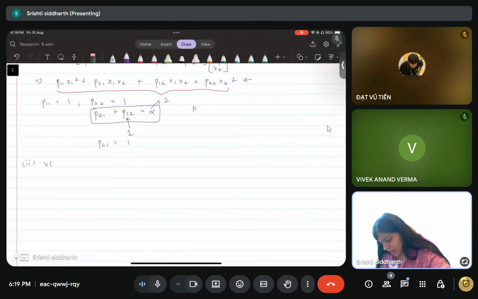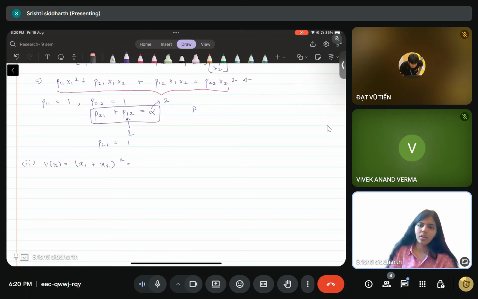So let's say V(x) is x1 plus x2 whole square. Let's see if we can expand this.